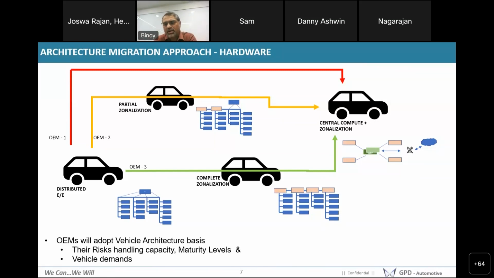Similarly, multiple OEMs are doing similar things, at very different levels of maturity and integration. The ultimate integration is to have a central vehicle computer. With zonals, that's the last picture, where the zonals are only for sensors, and there is a single compute which does all the computational tasks.